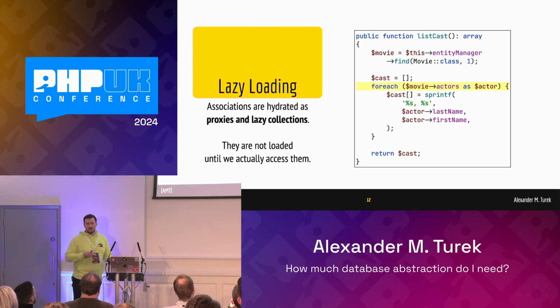While selecting it, I could do an explicit join so that the collection is always being populated and everything is fetched through one query. I can also configure this association as eager, and this means whenever I select a movie, I always want all actors to be selected along with it, which also reduces the number of queries, but this is something I need to know.